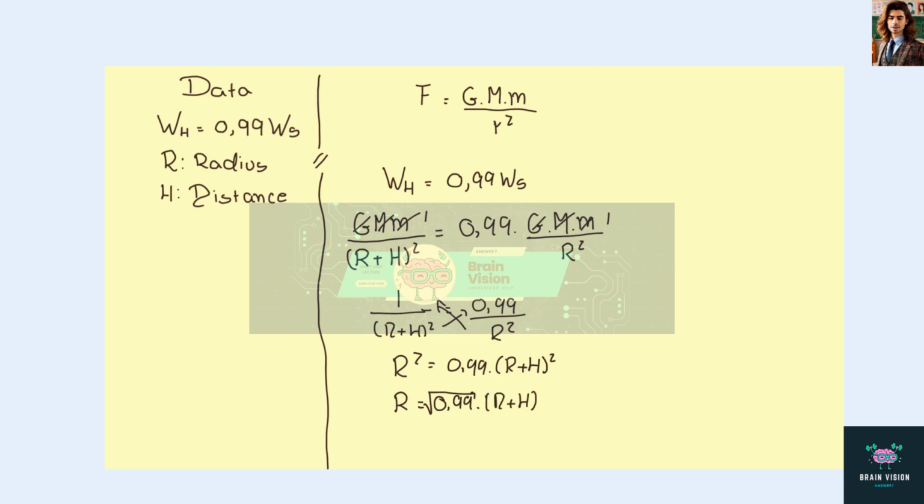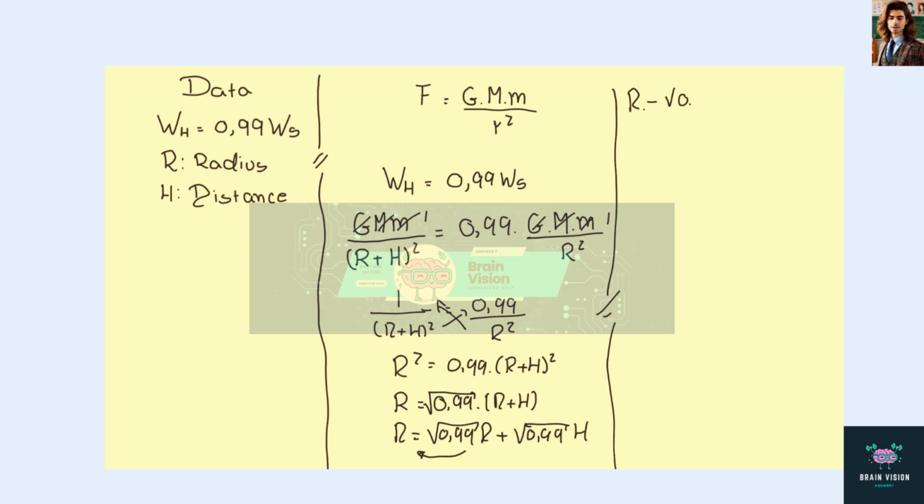Now we can write it as the square root of 0.99 times r plus the square root of 0.99 times h. Then we can proceed and send this term to the other side to get the following: r minus the square root of 0.99 times r is equal to the square root of 0.99 times h.